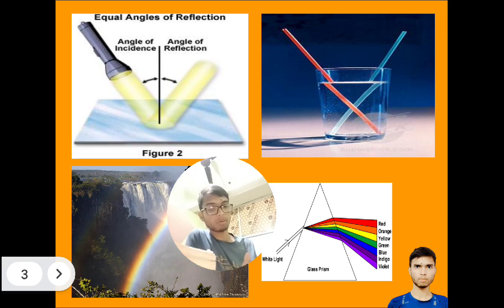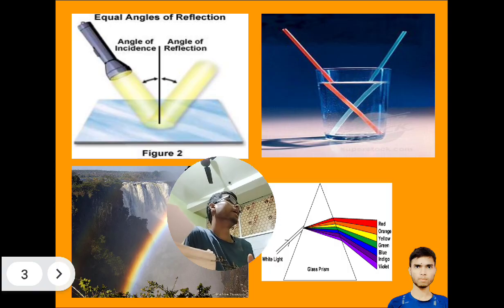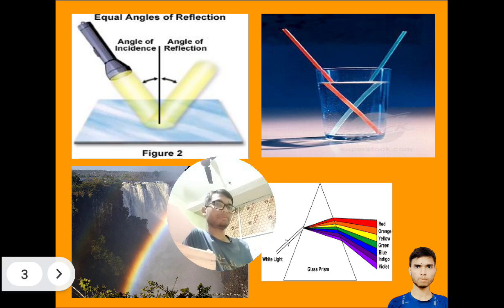They are not able to allow the light which is coming. But here the glass is a transparent object. And you know what is the meaning of a transparent object? A transparent object allows the light to come through. Clear? Okay.